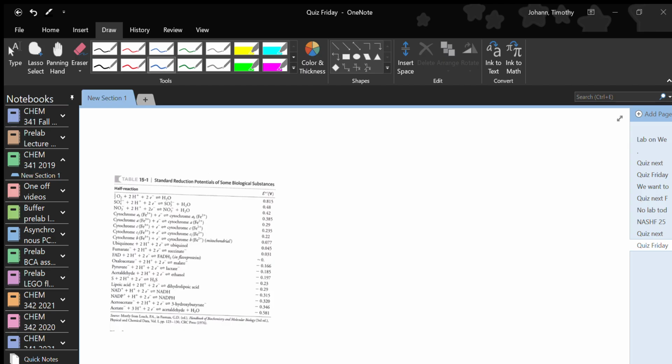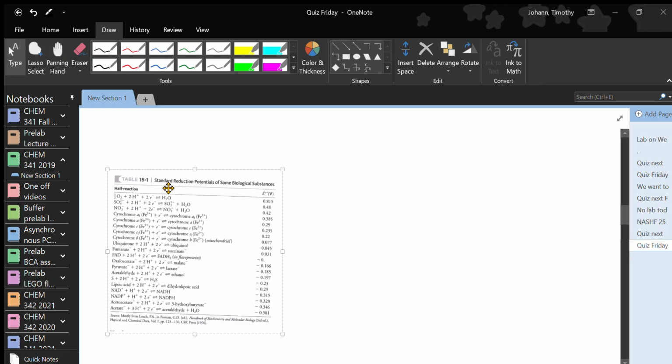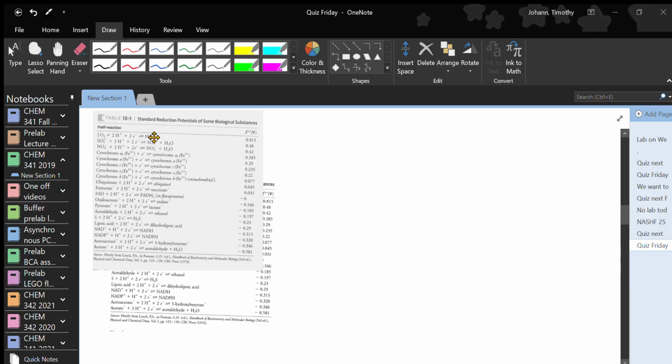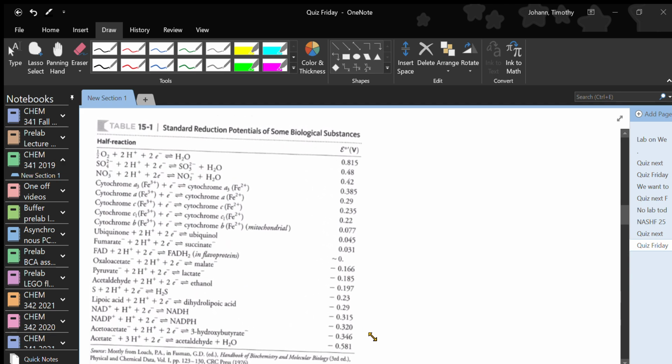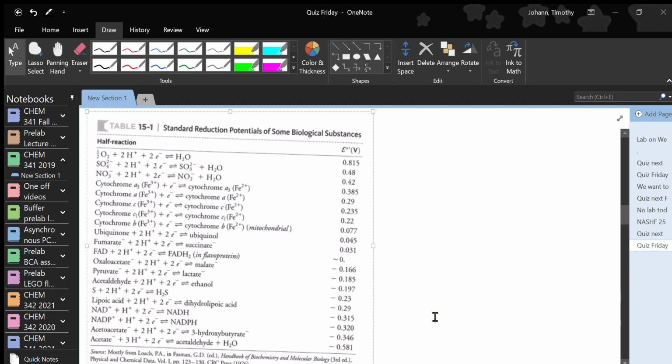So I want to show you, if I was to ask you what's more spontaneous, if you look at this table, there are some things you can do. If you were given it, what order would these things be in, or what will spontaneously transfer its electrons to something else? What do we start out with in the electron transport chain?